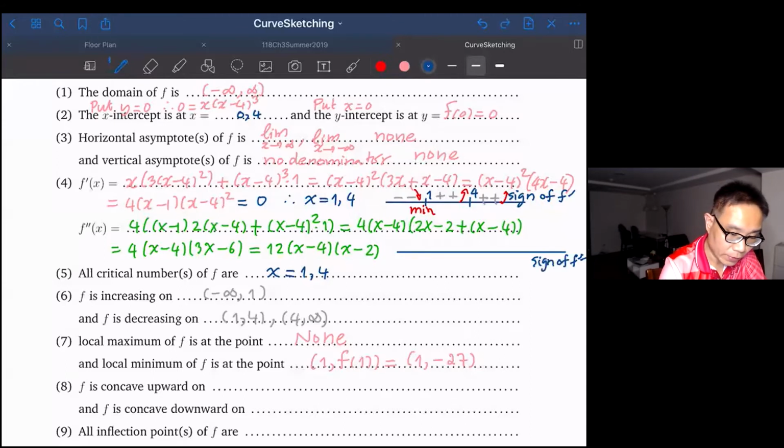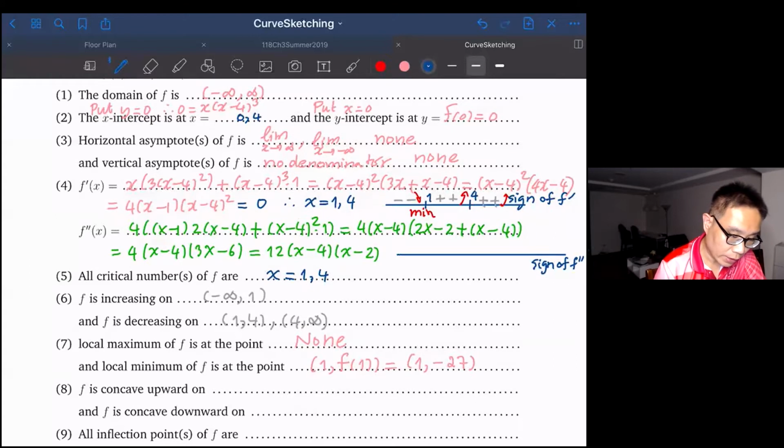For the sign of the second derivative, you're going to have x equal to 2 and x equal to 4. So you get 2, 4. And why do I have 2 and 4? Because I let this equal to 0, and you see that you have x equal to 2 and x equal to 4 to test the sign.